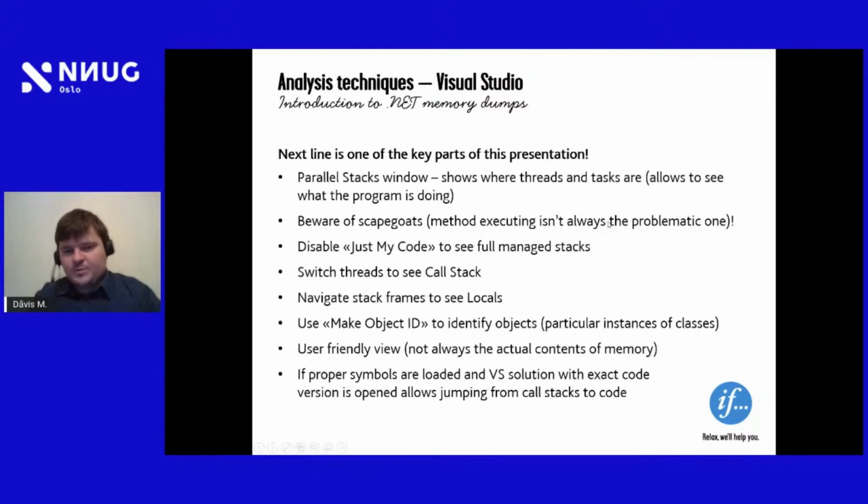If you have proper symbols, proper source code version, and I think proper executables as well, then it should be possible to have a limited version of the same comfort as debugging locally. You can click on a thread, a call stack, see the exact point in code which was executed, and of course, as it's a memory dump, you won't be able to execute any code, step into methods, etc.